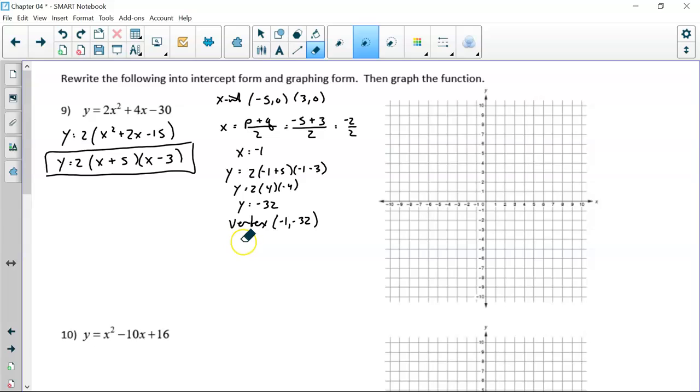And what's nice about these is once we find a, our leading coefficient 2, it's the same for vertex form and for intercept form. So now, this is intercept form.